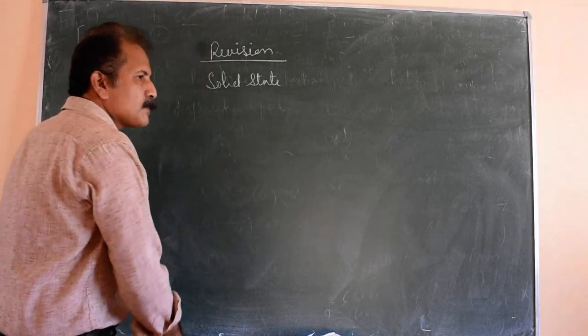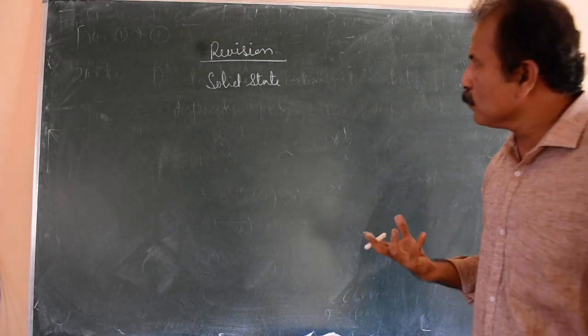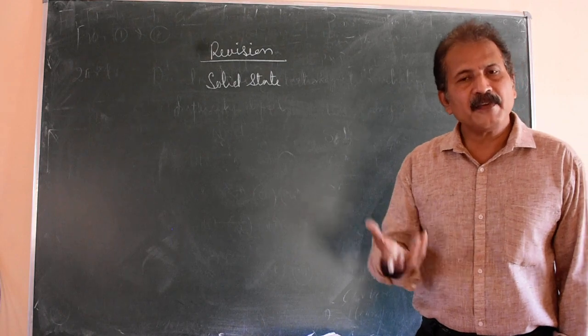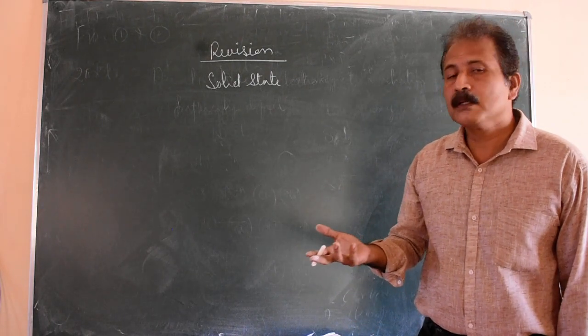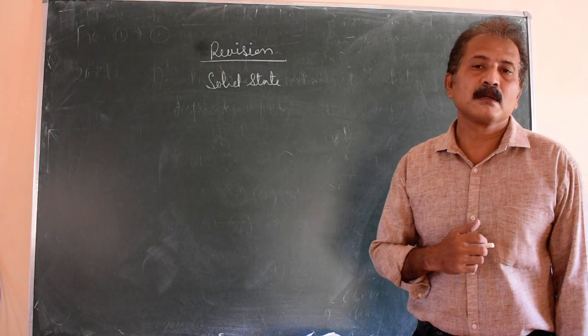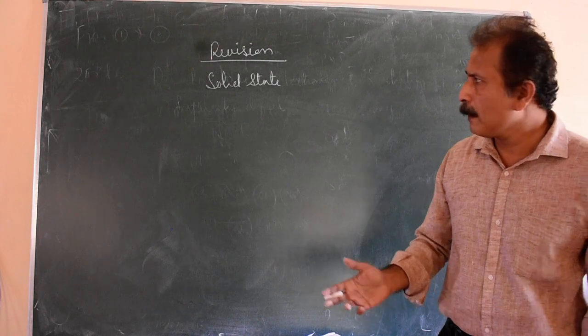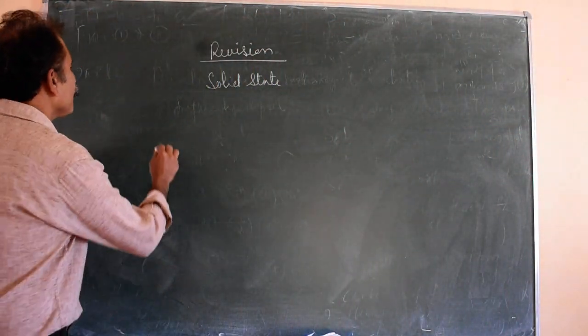So far we have seen the stoichiometric defect and impurity defect. Now these two are defects in which, even though particles will be missing, the stoichiometry of the substance is not affected. So then we come to the third class, non-stoichiometric.